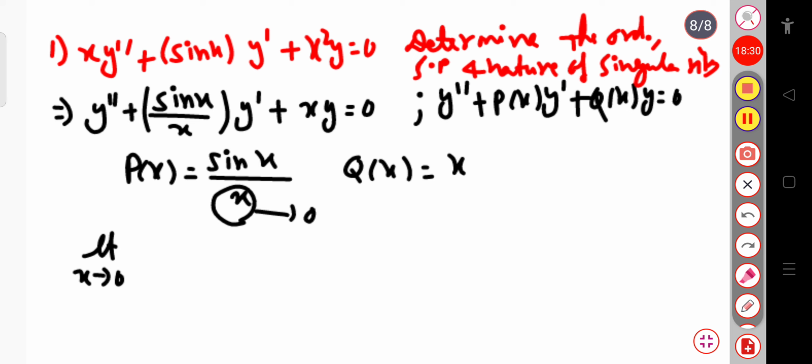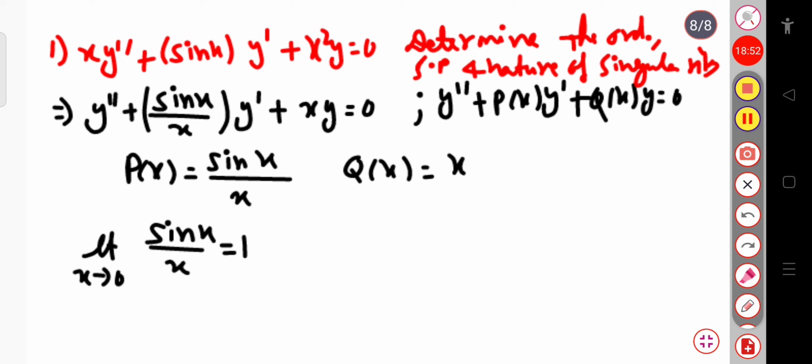So when limit x tends to 0, sin x divided by x will give 1. Similarly, limit x tends to 0 of q of x, that is x, is simply 0, which is a finite value.